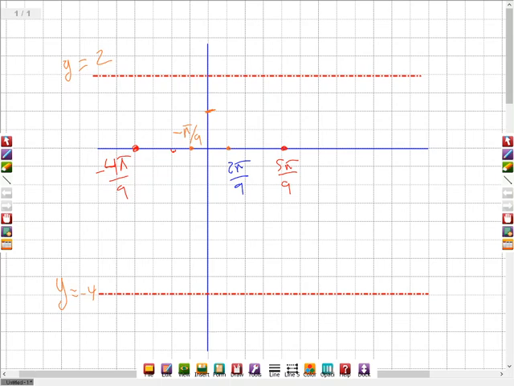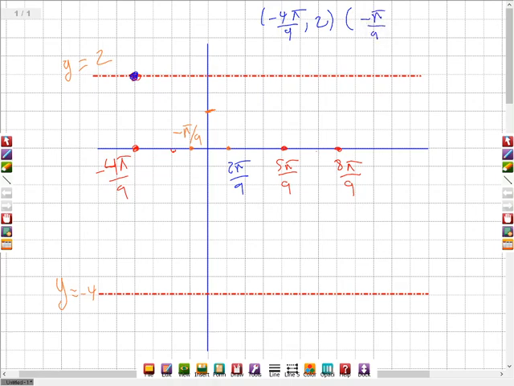Then 8 pi over 9. I want to make it 6, 7, 8 pi over 9. Let us see each one. -4 pi over 9 with 2. This is blue, the first point. I'm going to put the point here for you guys. -4 pi over 9 with 2. That's the point I have.